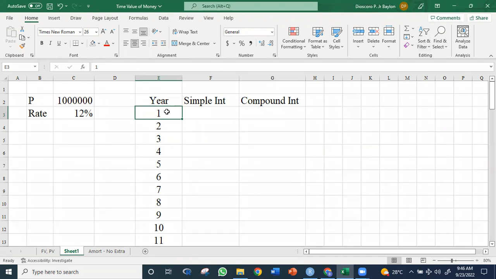Just chat yes or no. Feedback from the class, please, if you were able to get that shortcut to generate a series of numbers in columns. Okay, good. That's very helpful.